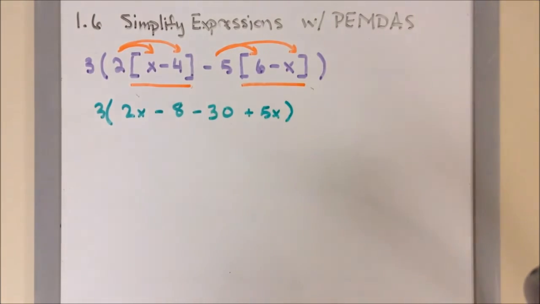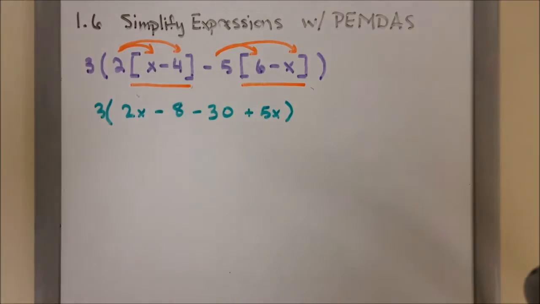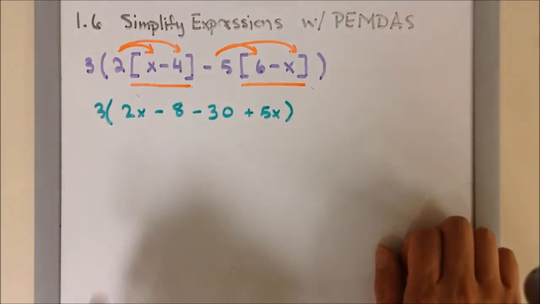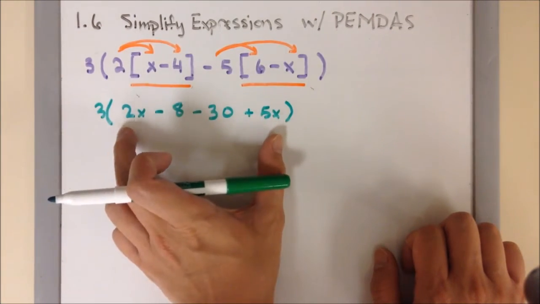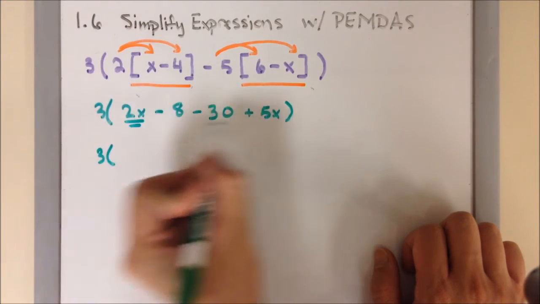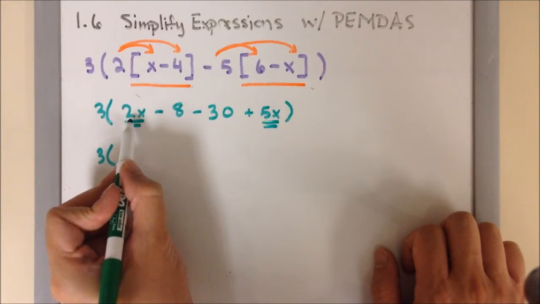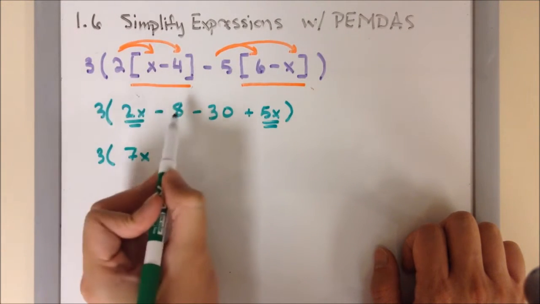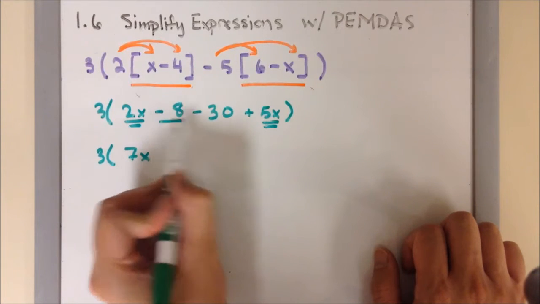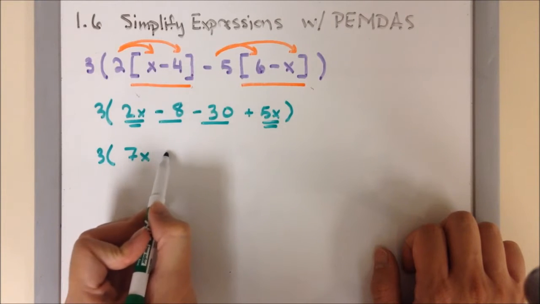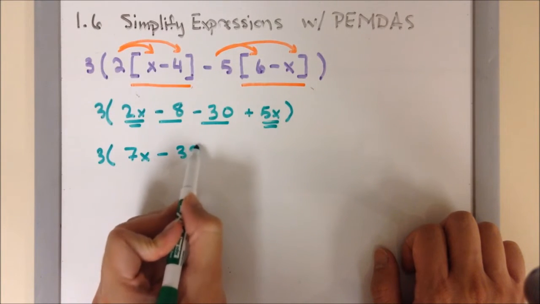Close parenthesis. Alright? Still following the order of operation, we're going to combine like terms. Variables with variables, numbers with numbers. I'm going to do the variables first. I'm going to bring down the 3. So my variables first, 2x plus 5x, that's 7x. Alright, next is numbers. -8 minus 30, that's going to be minus 38.